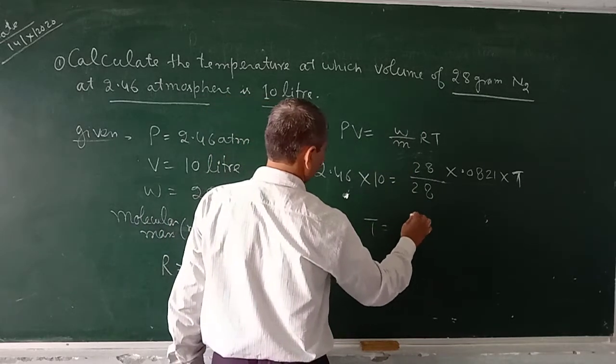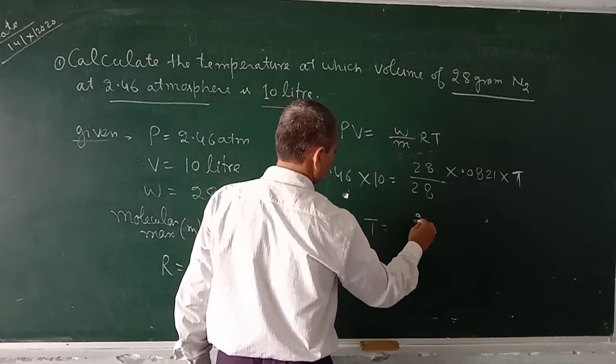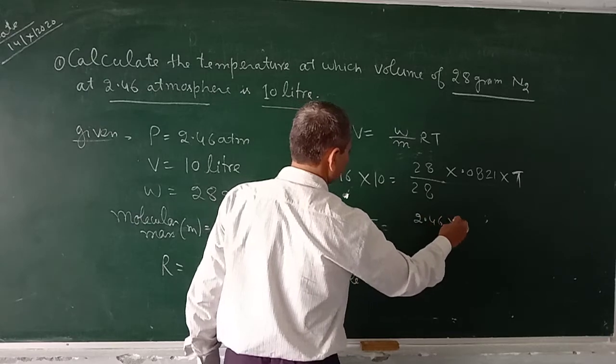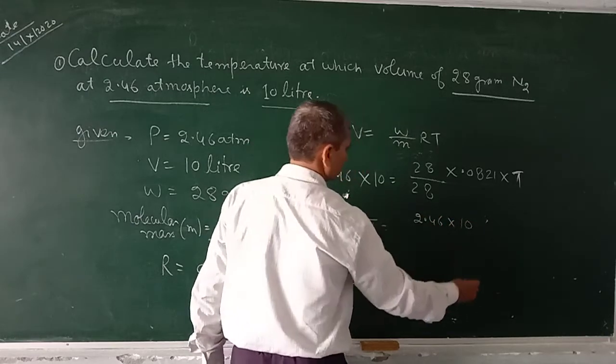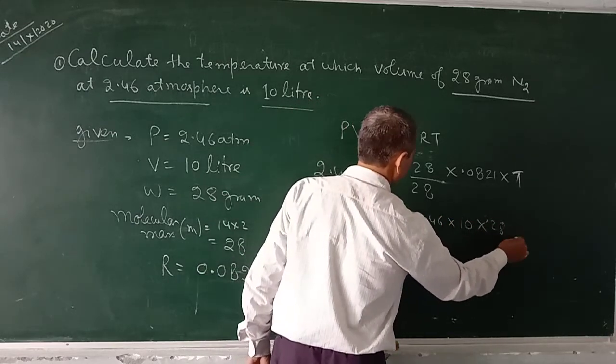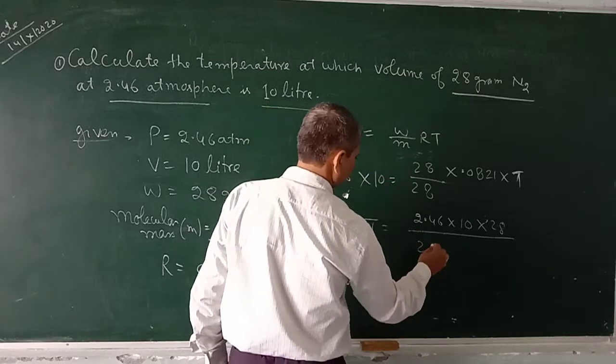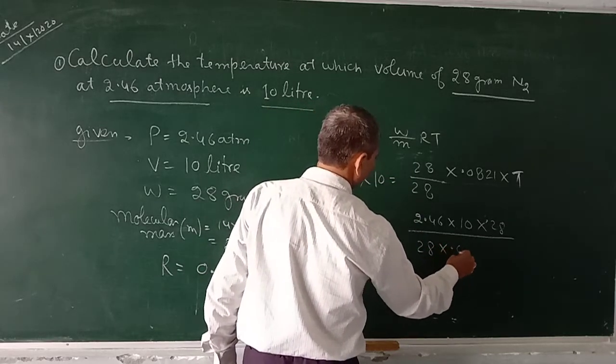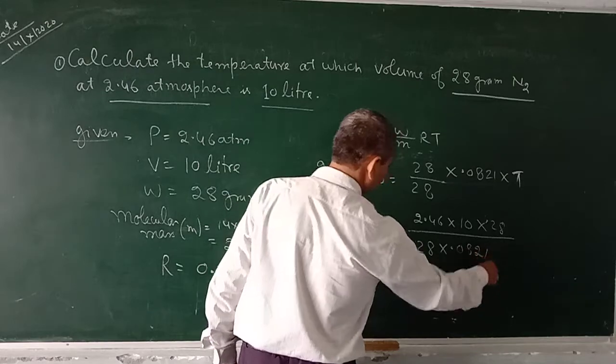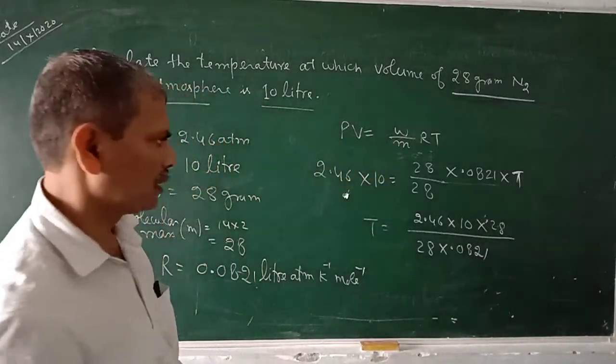T is equal to 2.46 into 10 into 28 upon 28 into 0.0821. You have to solve this.